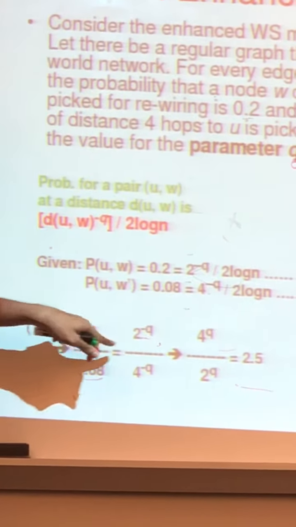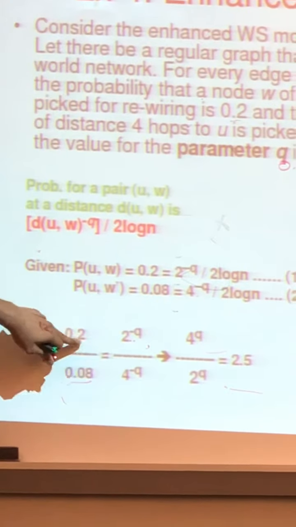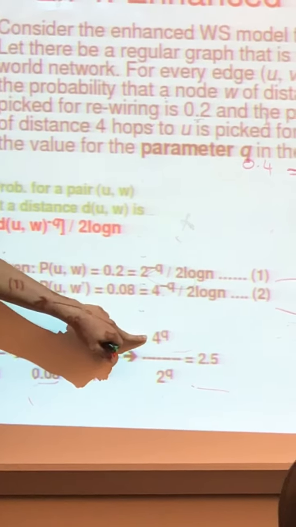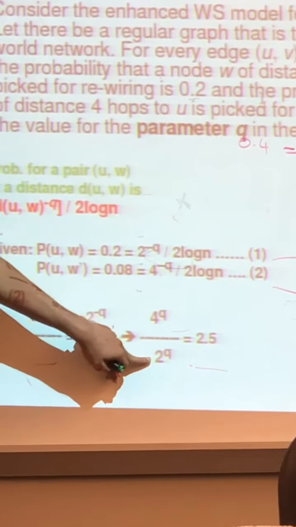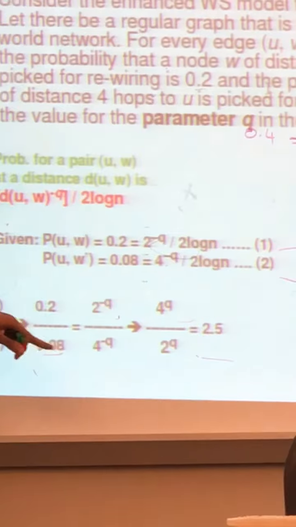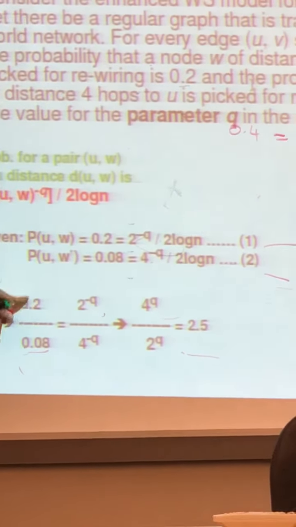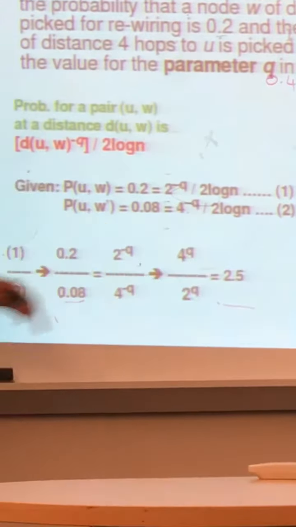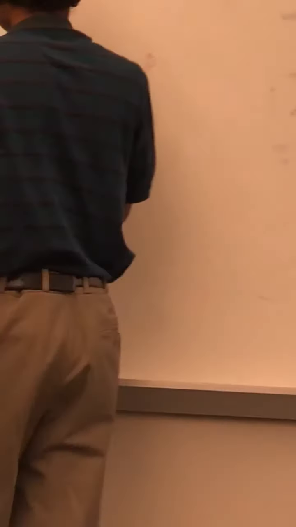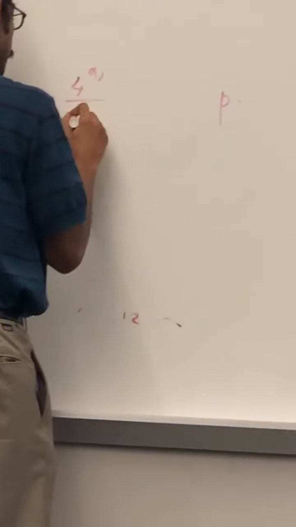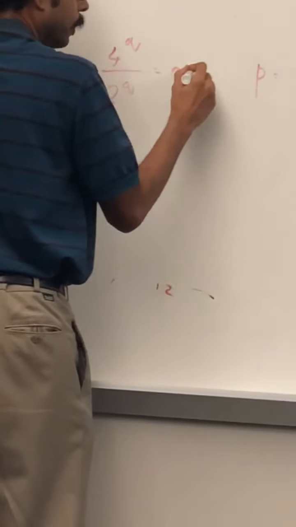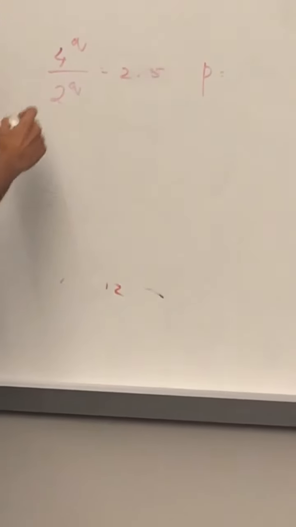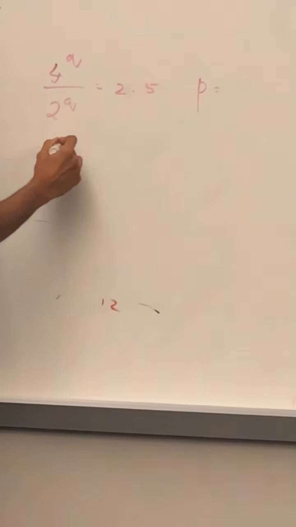Okay? So if you just reverse them, 4 to the power negative q in the denominator will become 4 to the q in the numerator, and this will be 2 to the q in the denominator. So this 0.2 divided by 0.08 is 2.5. So 4 raised to q divided by 2 raised to q is 2.5. 4 can be written as 2 squared.